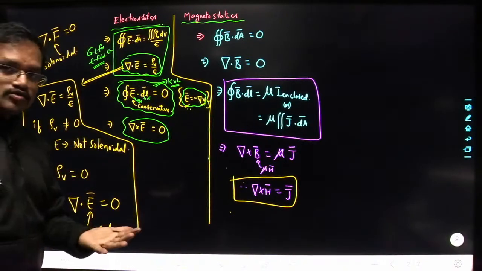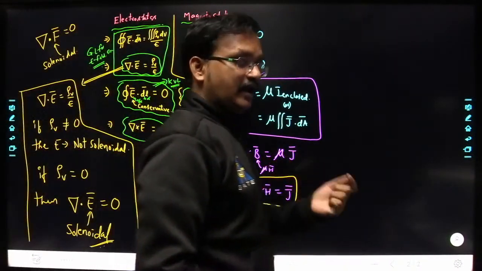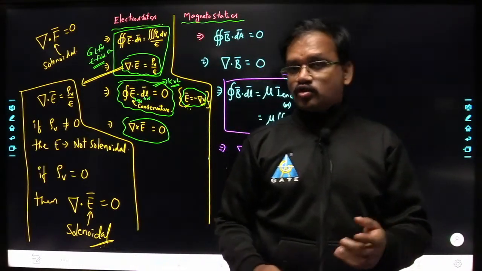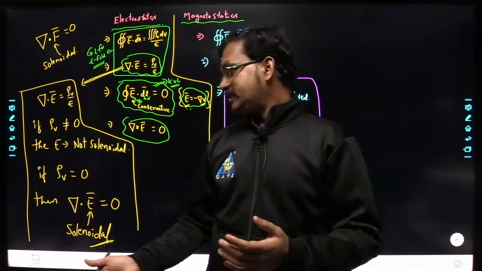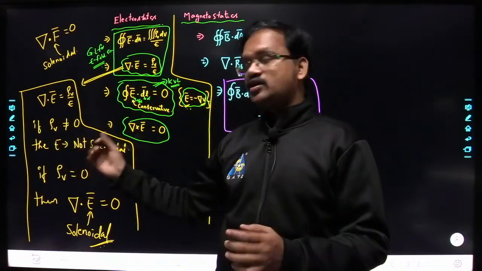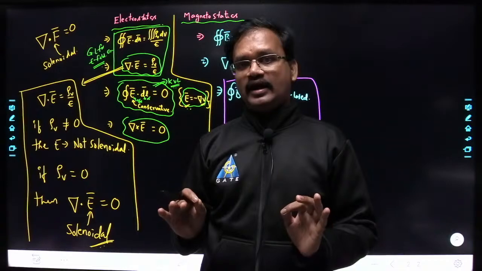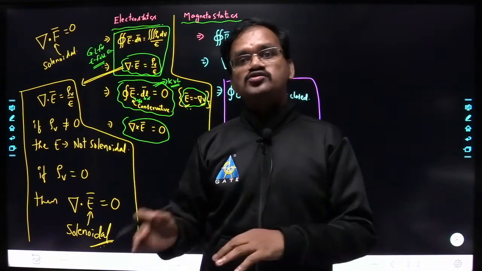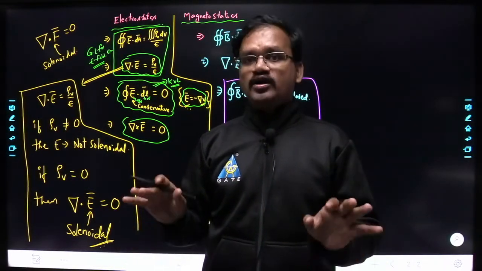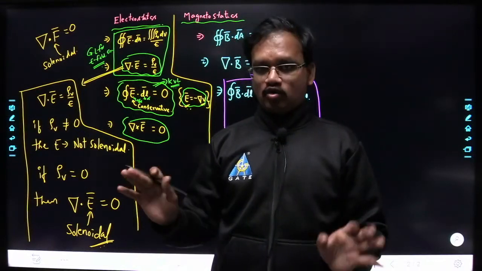So if rho v is equal to 0, then we can consider the electric field as solenoidal. If rho v is not equal to 0, then electric field is not solenoidal. So we cannot guarantee whether the electric field is solenoidal or non-solenoidal. It all depends upon rho v. Understood?